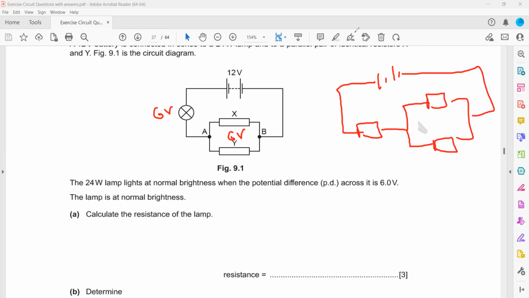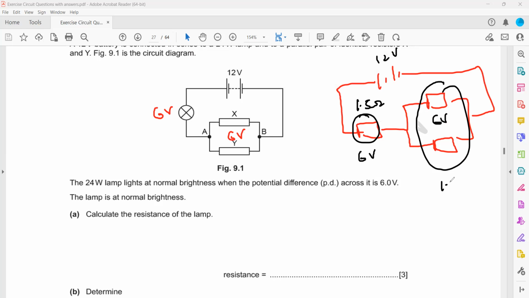If we have 6 volts here and 6 volts in parallel, it shows that this parallel combination resistance is the same as the component before it. So if this one had a resistance of 1.5, what is the resistance of this parallel combination? That is also 1.5.